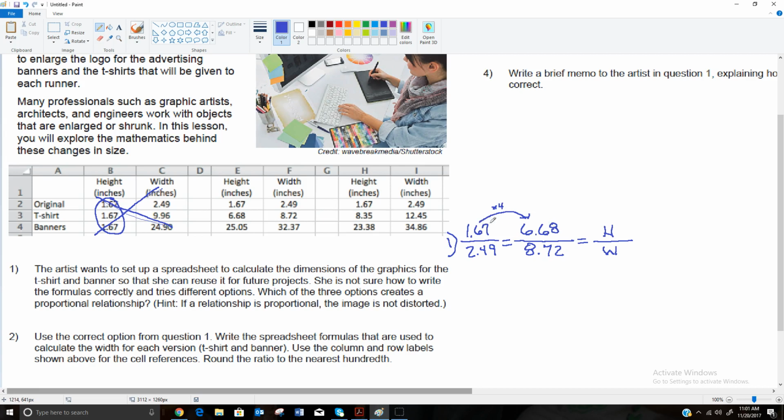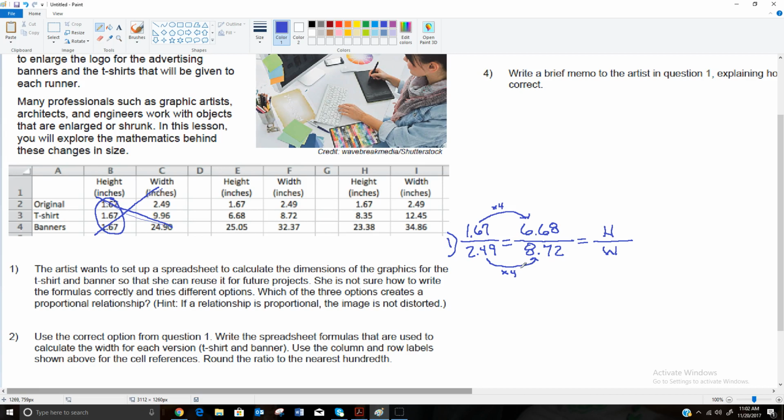Well, if you've stretched the height 4 times, if you want the image to be proportional, to not be distorted, you would want to multiply the width by the same thing. So is this multiplied by 4? So is 2.49 times 4 equal to 8.72?